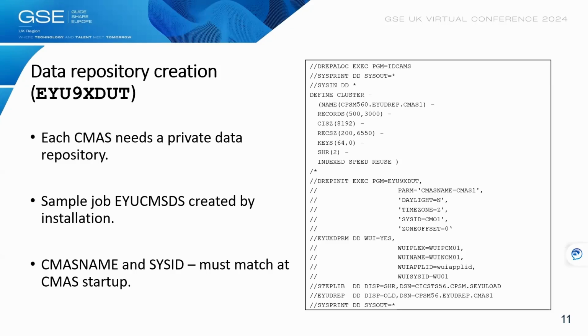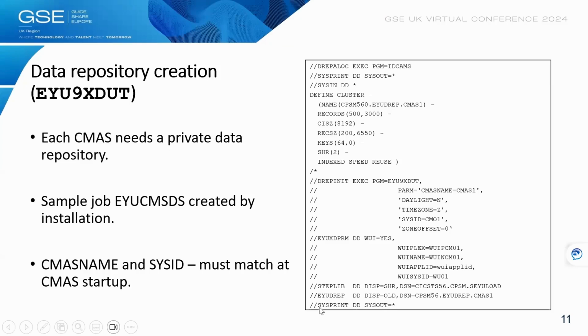And this is like the old chicken and egg problem, right? Which comes first, the chicken or the egg? But effectively, in order to create a WUI, it has to be able to connect to a CICSPlex, but you can't create a CICSPlex without a WUI. So you got a catch-22 here.